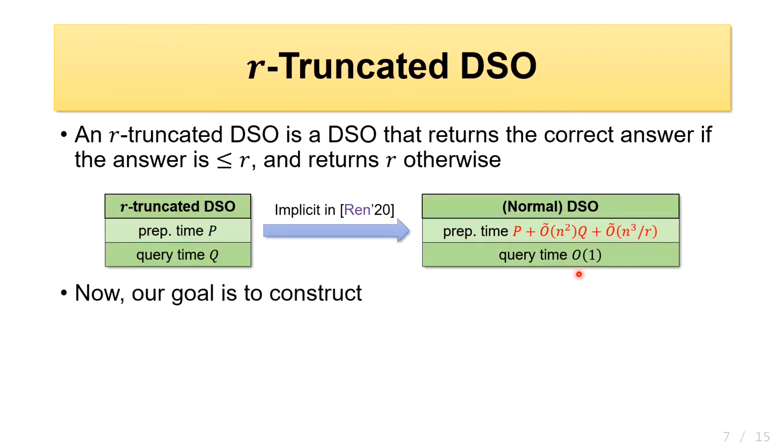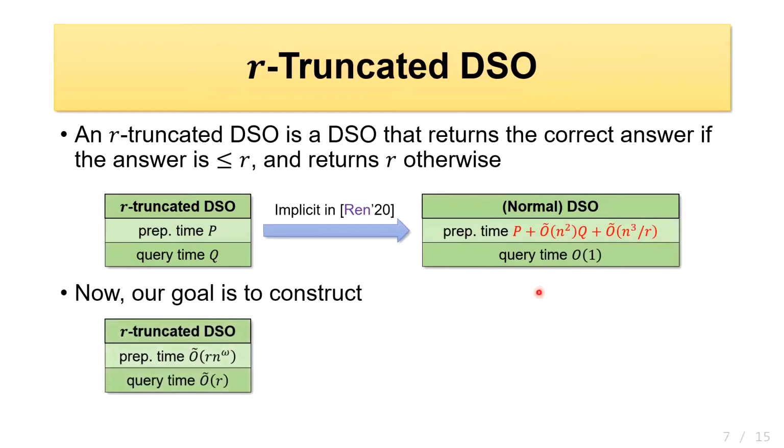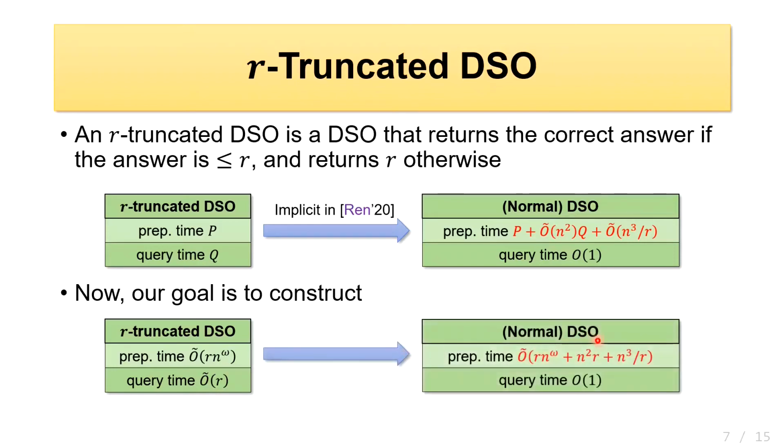So to obtain our main result, it suffices to construct an R-truncated DSO with the following parameters. The preprocessing time is R times n to omega, and the query time is roughly R. If we could construct such a DSO, we can apply our bootstrapping argument to build a normal DSO with such parameters.